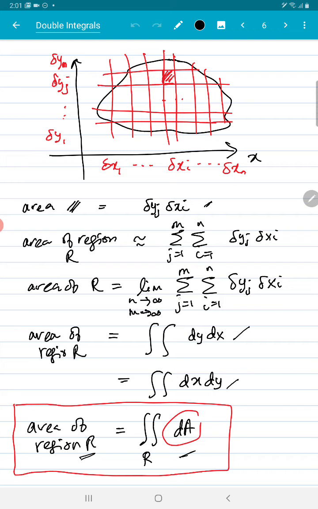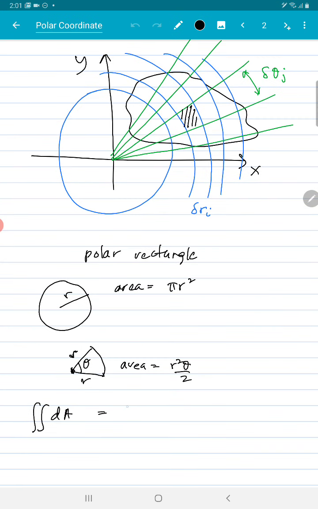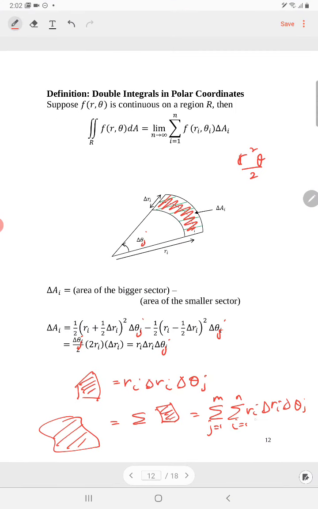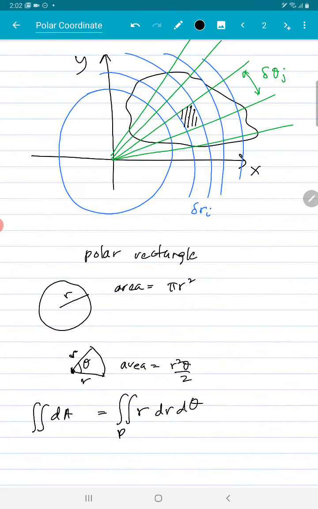So the limit of summation when n goes to infinity, m goes to infinity, will be changed to integration. Same thing with our bit here. So now we have r dr d theta, and then we have the integration. Okay, or it can be done in a different way, r d theta dr.